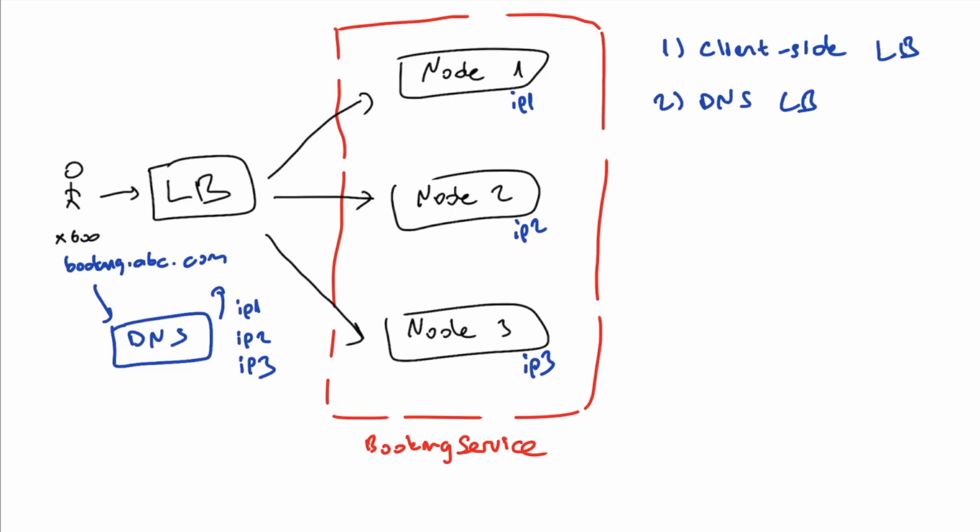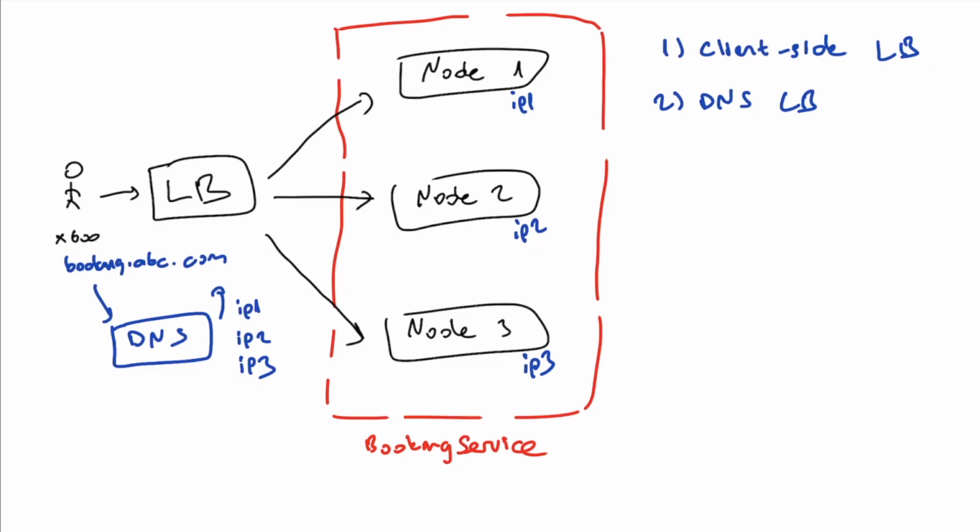So DNS will just return these IP addresses randomly, and for example, for the first client, it might return IP1, and that client will talk to node 1. And for some other client, it might return IP3, and that client will talk to node 3 in that case.